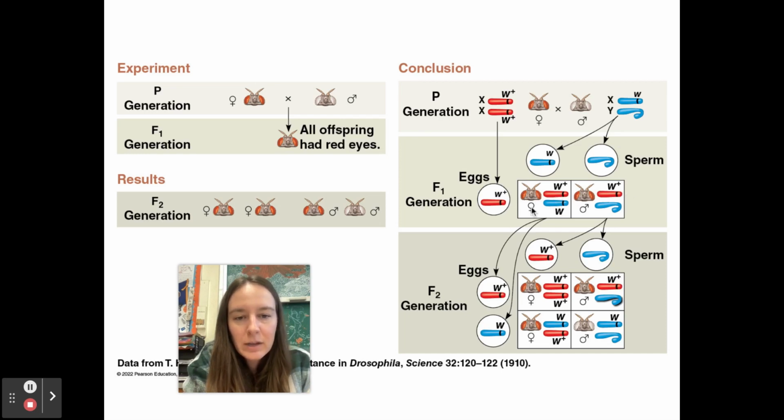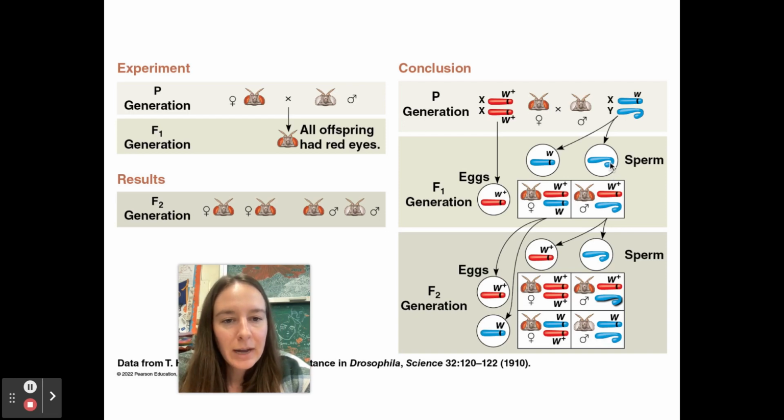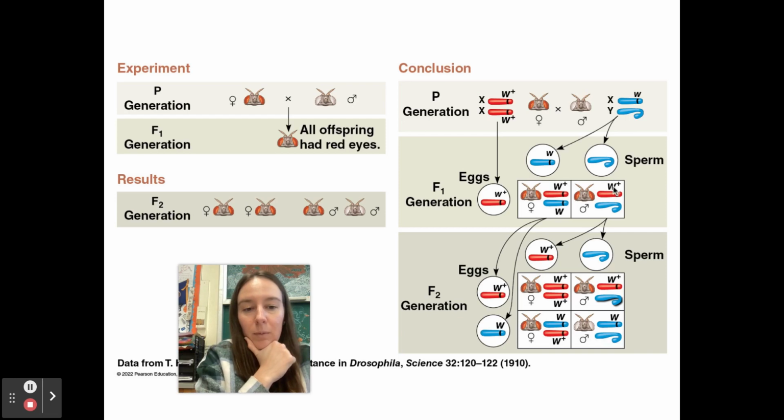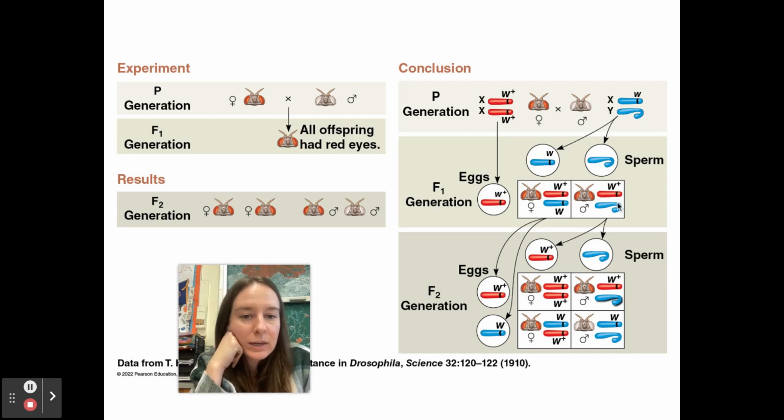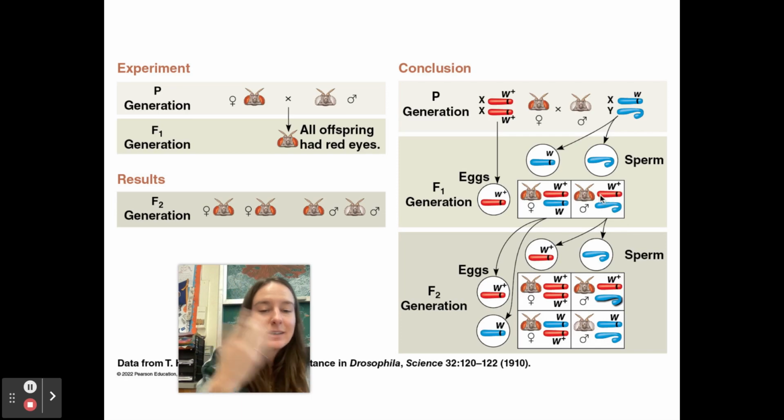So that's a female child. But let's say the dad passes down his Y chromosome and the mom passes down her wild type, her normal red allele. You're going to get a normal son, because even though that Y chromosome doesn't have the wild type allele, it's saved by the mother's chromosome, and so you're going to have red eyes.